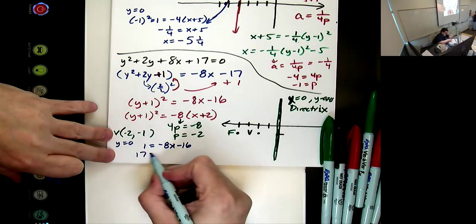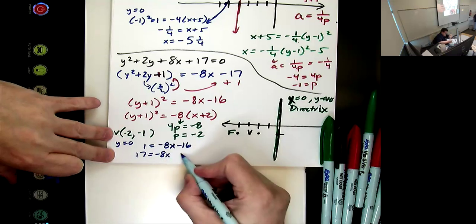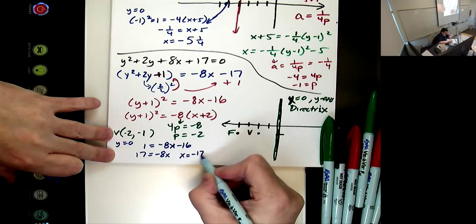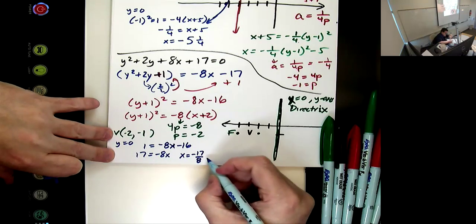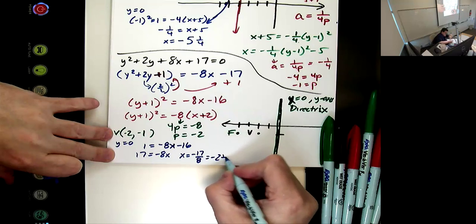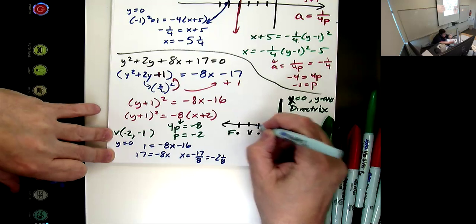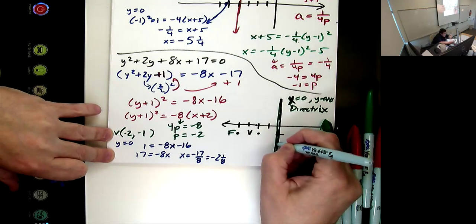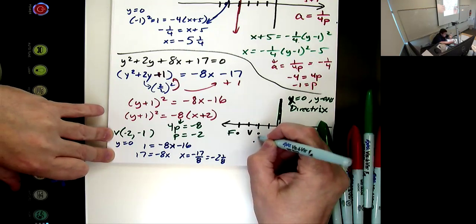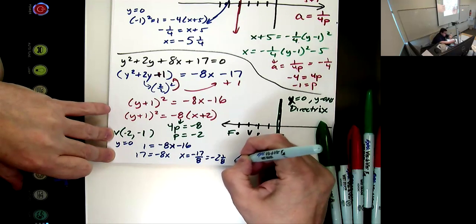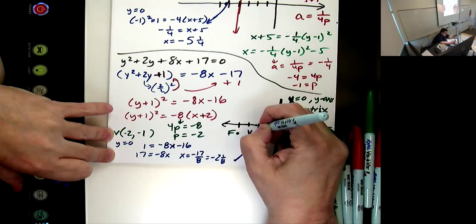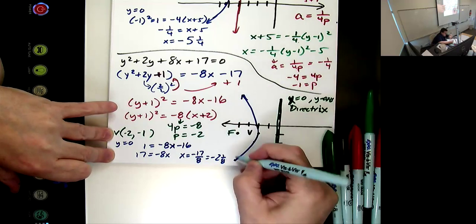So 17 equals -8x. X equals -17/8, which is like -2 1/8. Which is just barely there. And if I go down 1, which means it's barely there. Y one, right?